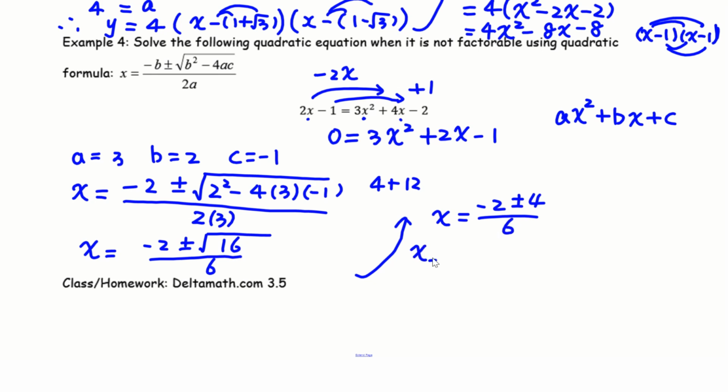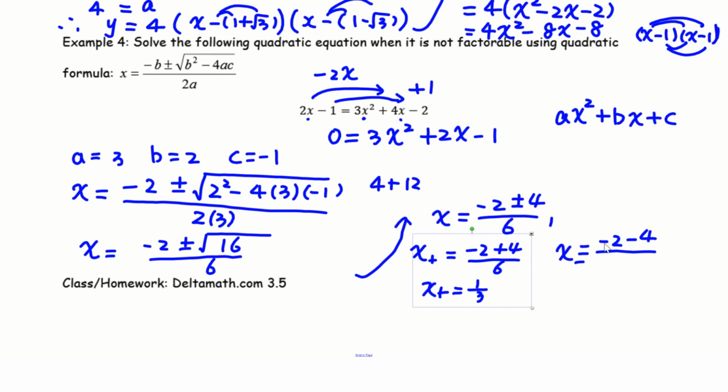For the plus, you have negative 2 plus 4 over 6. It gives you x plus equals 2 over 6. Lowest form is 1 over 3. And for the x minus sign, it gives you the other zero.